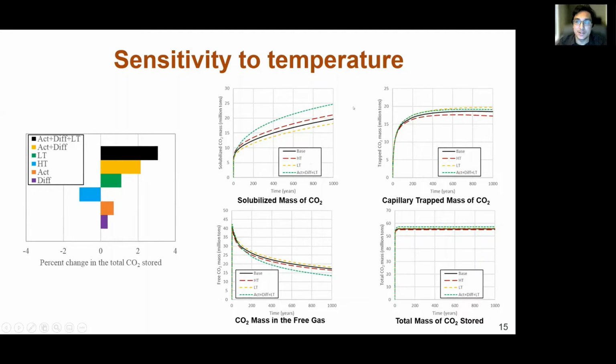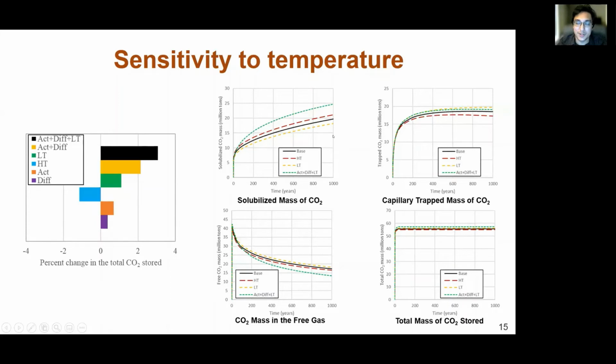If we look at the temperature now, we basically see here that if we increase temperature, we're going to reduce the total amount of CO2 that we can inject. And if we decrease temperature, we're going to increase the total amount of CO2 that we can inject.